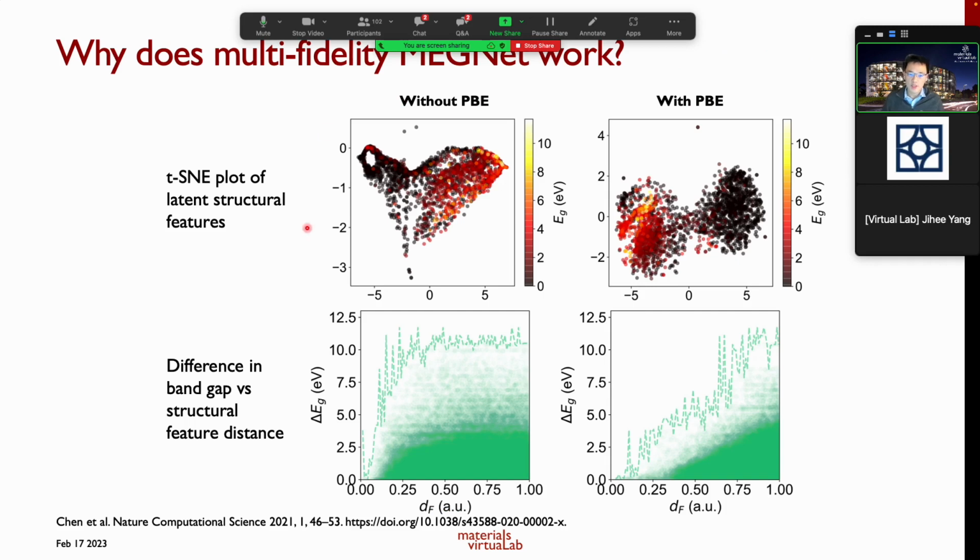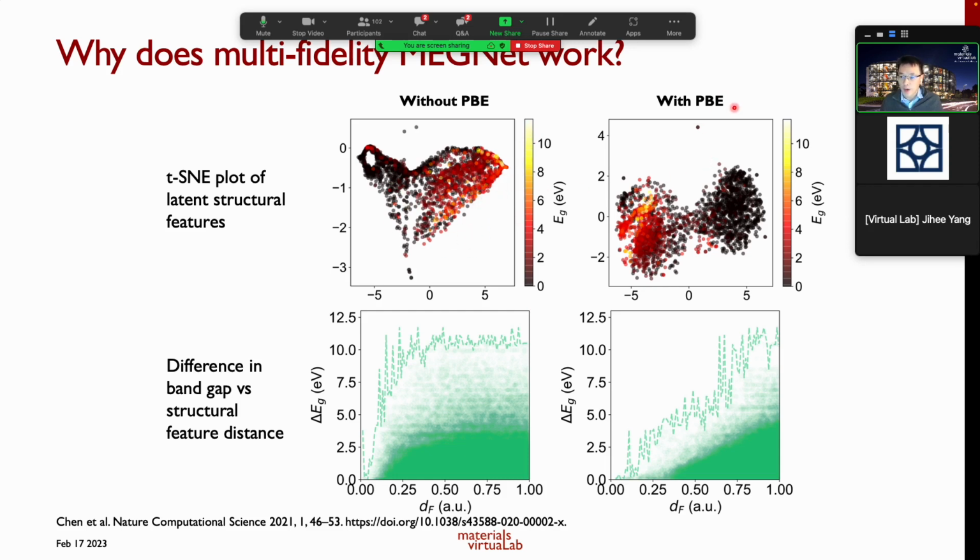And it turns out that if you plot the TSNE plot of the latent structural features with and without the PBE data, you actually can see the reason why incorporating the PBE data, even though it is inaccurate, is so valuable, right? Without the PBE data, you do not get a very good separation of the latent structural features. You can see that all the high bandgap materials, which are the lighter points, are mixed in with the low bandgap materials, which are the darker points, right?